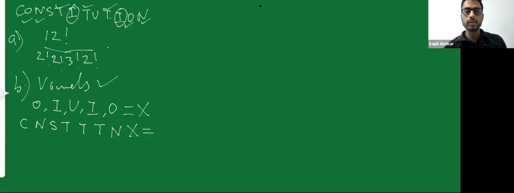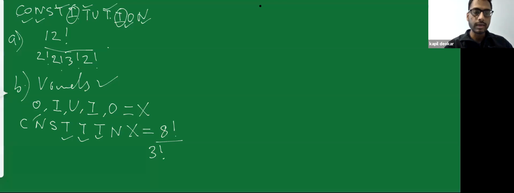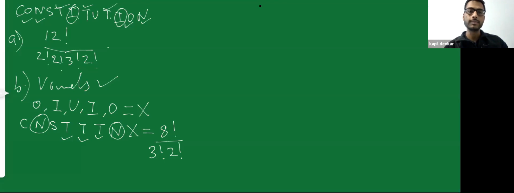So my new word has how many letters? 1, 2, 3, 4, 5, 6, 7, 8. My new word can be arranged in 8 factorial ways. But T is repeated thrice, so I'll divide by 3 factorial. N is also repeated 2 times, so I'll also divide by 2 factorial. And in how many ways can I arrange my vowels? How many vowels do I have? 1, 2, 3, 4, 5.